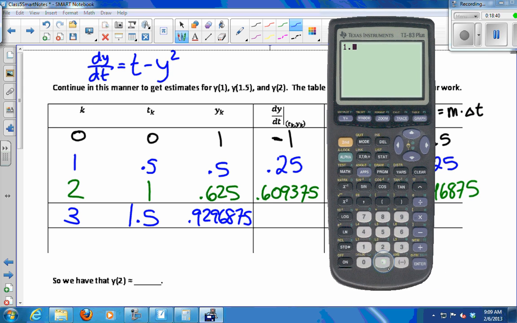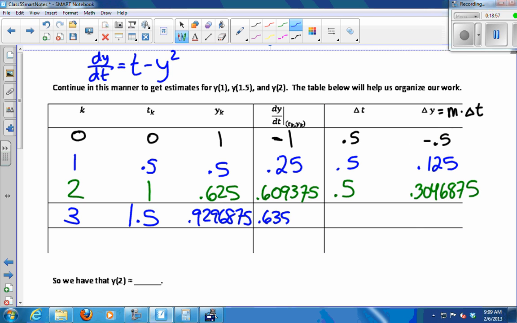So t, 1.5, minus y squared, 0.9296875 squared. So here's my new slope, 0.63568. So when you're writing these down, what I do is I don't write down every single decimal, but when I use the number in my calculator, I use the real number with all the decimal points. Or you could store it if you need to.